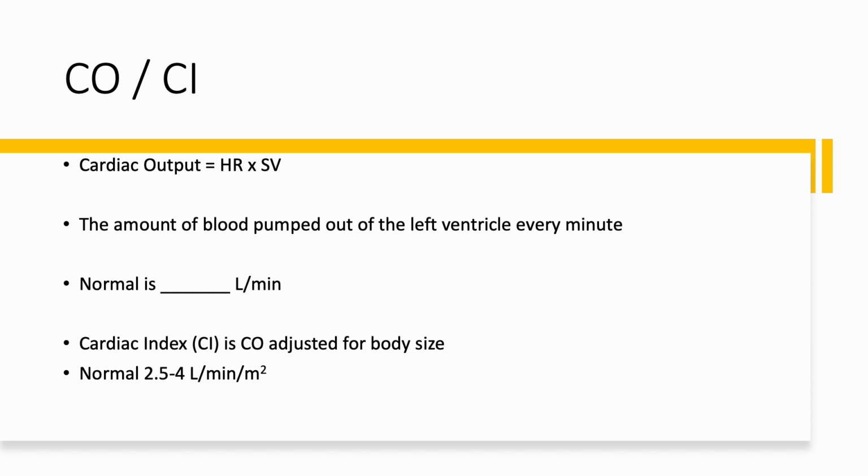Now, cardiac index adjusts the cardiac output for body size by dividing the cardiac output by the body surface area. This helps provide a more accurate measure of heart function relative to the patient's size. Normal CI, or cardiac index, ranges from 2.5 to 4 liters per minute per meter squared.